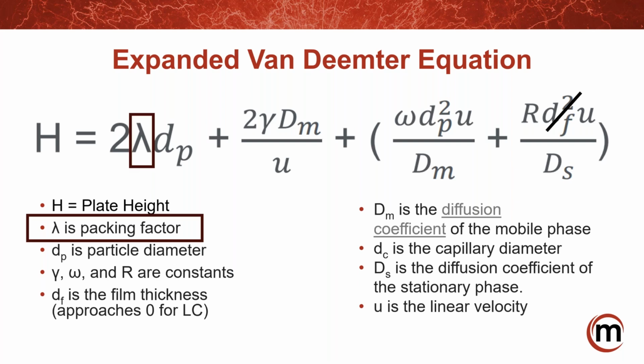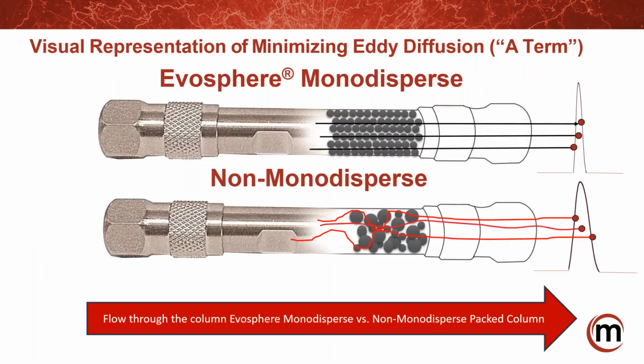So what we really see is this A term, and then the A term can get simplified to 2 lambda dP, where lambda is the packing factor. And so if the dP stays consistent, because dP is your particle size, and 2. So if we can minimize that packing factor, we can then really reduce that height equivalent to a theoretical plate, and that was in the denominator of our efficiency term. So then our efficiencies should go up.